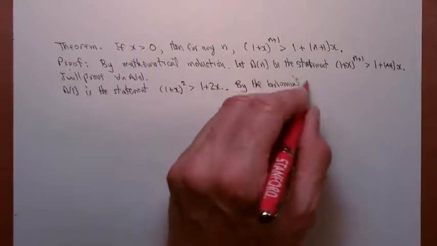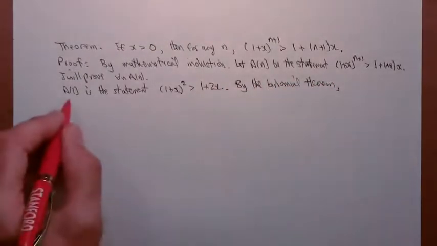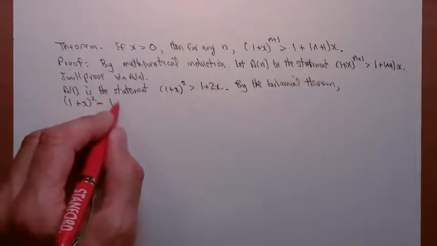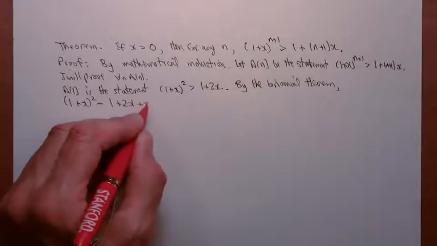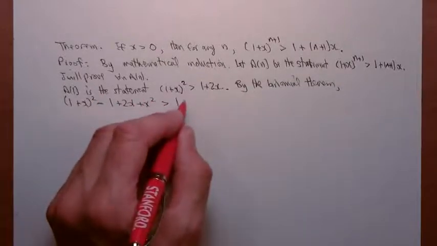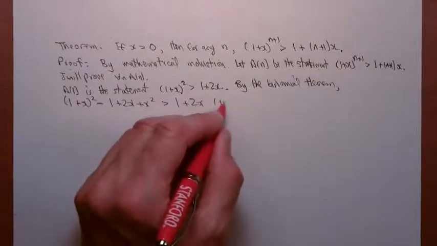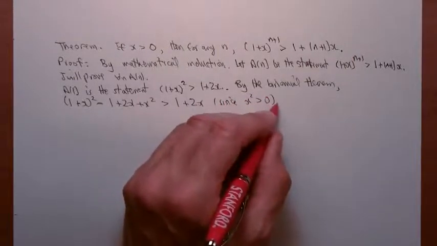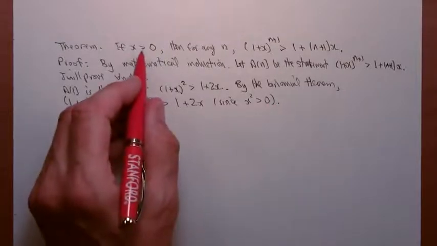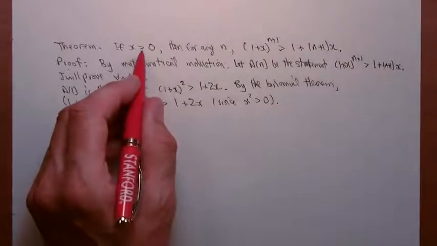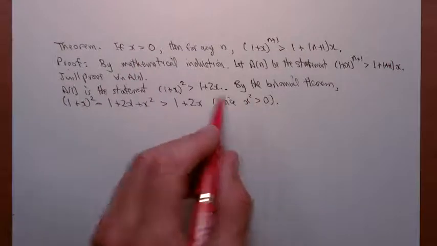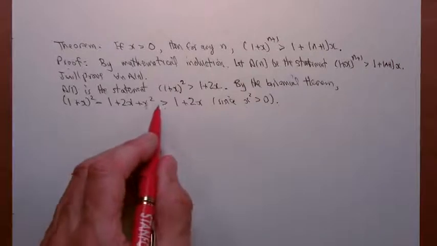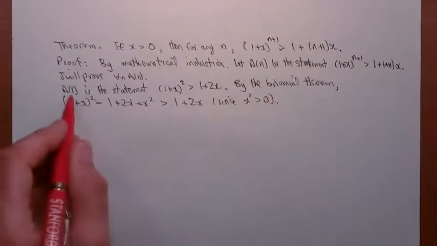It's true by the binomial theorem, which tells us that (1 plus x) squared is equal to 1 plus 2x plus x squared, which is bigger than 1 plus 2x, because x squared is strictly positive. Notice that x is positive, so in particular x is non-zero, hence x squared is strictly positive, hence we have a strictly positive term here, hence that expression is strictly bigger than 1 plus 2x. So A(1) is true.